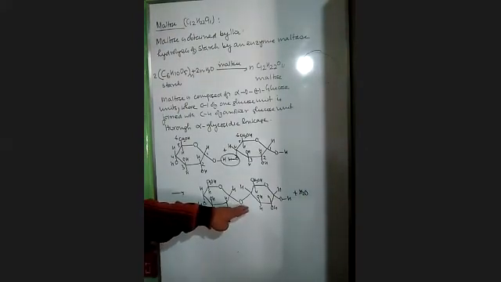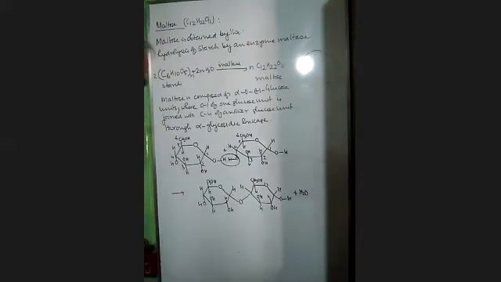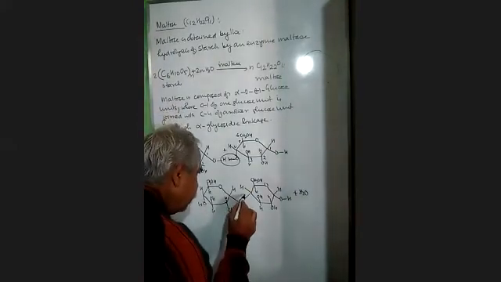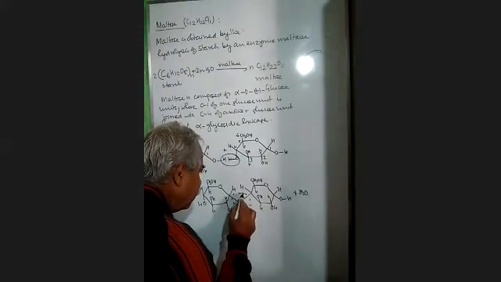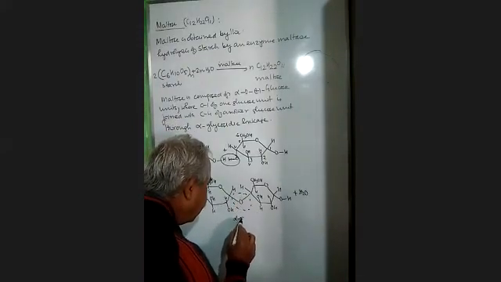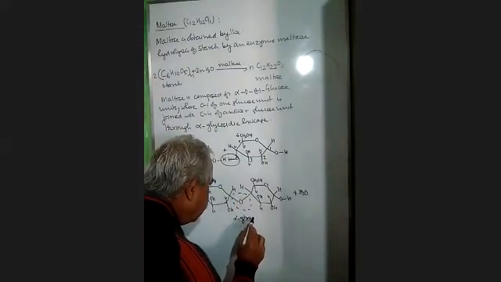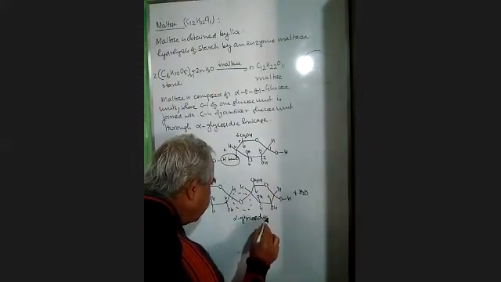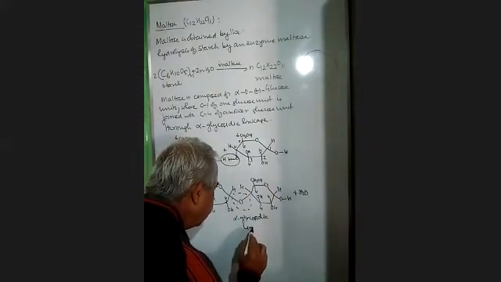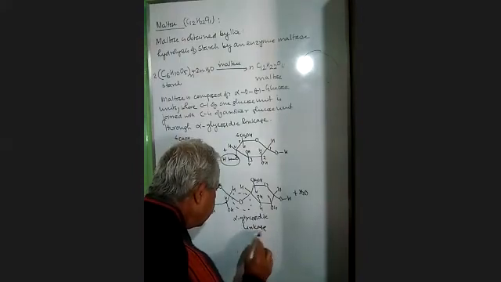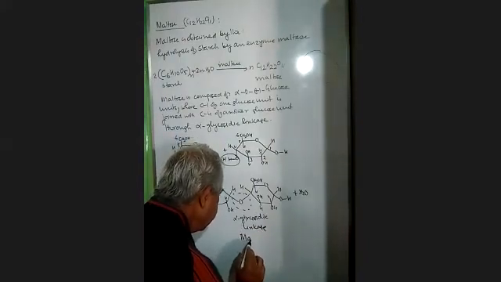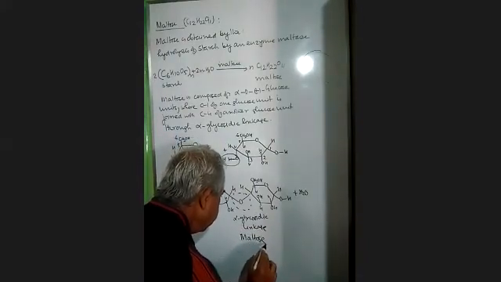Because this ether linkage is below the ring. Okay. Because of this. So I can write it like this. Alpha glycosidic. This is maltose.